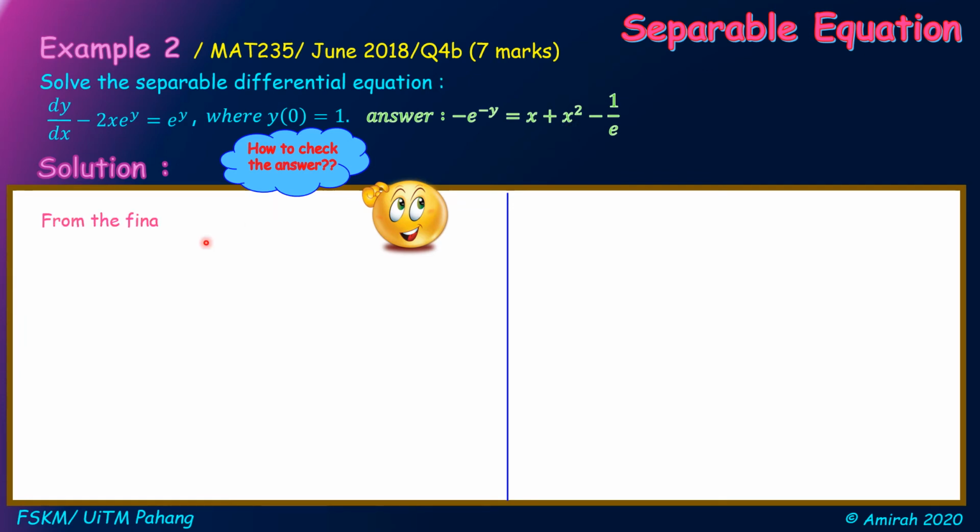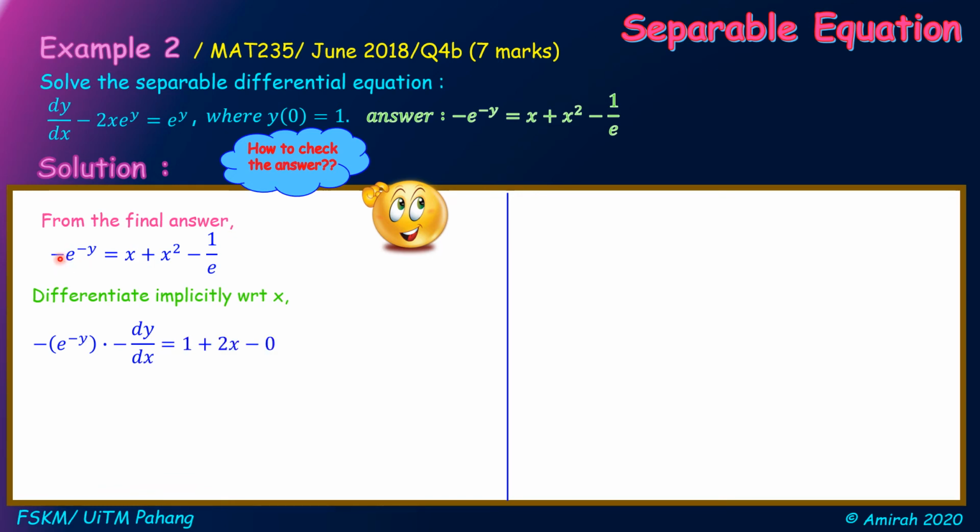To check the final answer, from negative e to the power of negative y equals x plus x squared minus 1 over e, we can differentiate back. To differentiate this function, we need to differentiate implicitly with respect to x because we can't write y as the subject.